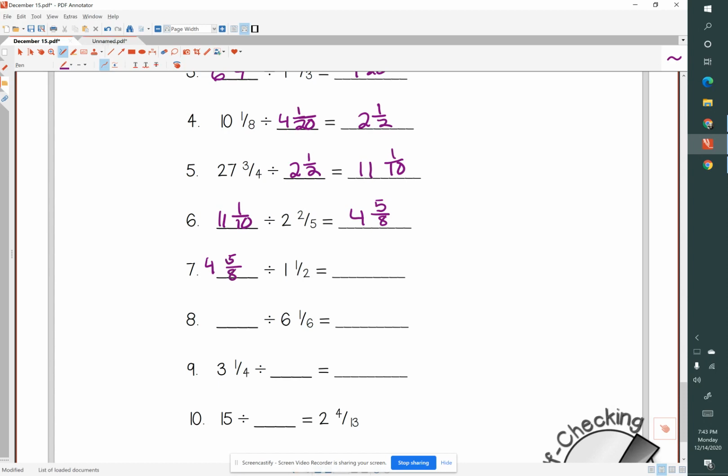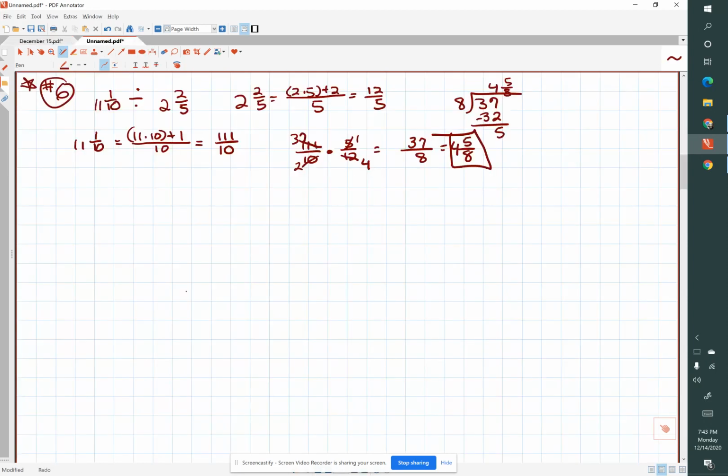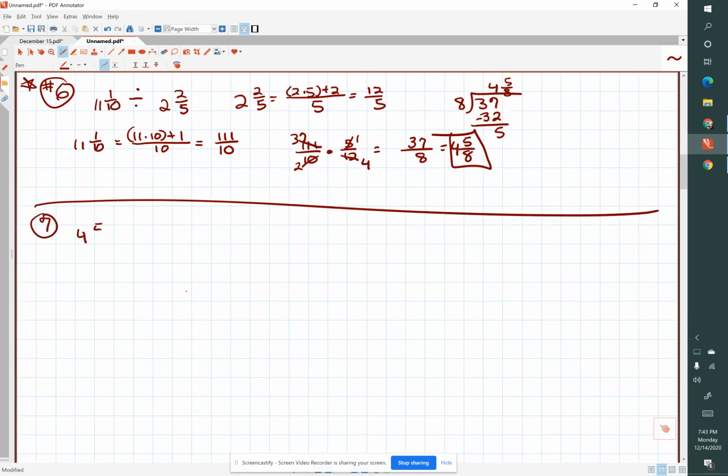Okay, number 7. Four 5/8 divided by 1 1/2. So 4 5/8 is the same as 37/8. 1 1/2 is the same as 3 over 2.